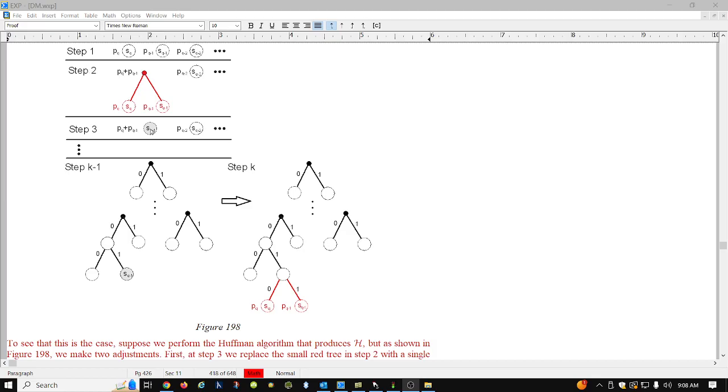So I inserted this step 3, and the point is it's not going to affect the rest of the algorithm because this stuff isn't on the top level anymore. So when I get to the end of the algorithm with the replacement, that would be step k minus 1, this vertex will end up a leaf somewhere down the tree.